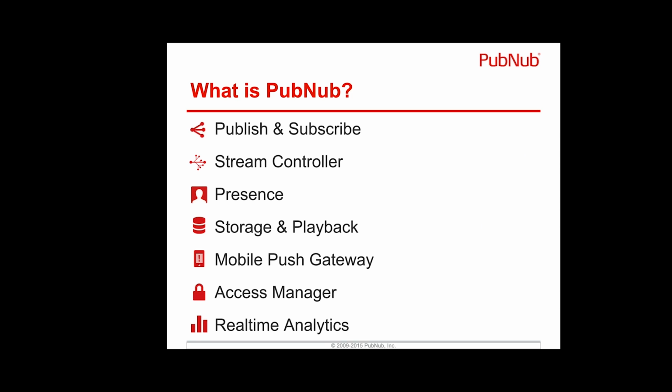We also have a stream controller that allows you to aggregate data, and presence to allow you to determine who is on a channel or off a channel at any given time. We offer the ability to store and play back messages that have been sent across our infrastructure. And then we have integrations with all the various mobile push gateways out there, such as APNS and GCM.